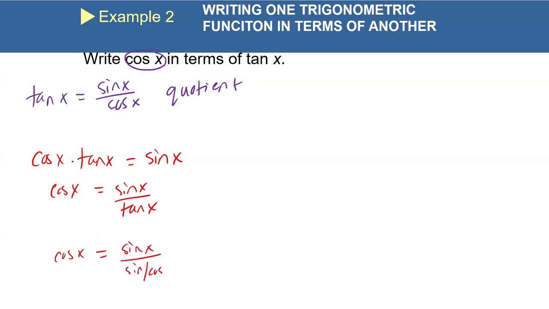How do you divide fractions? Substitution: tan X equals sine X over cosine X. Keep, change, flip. We keep the numerator, we change the division to multiplication, and we flip the denominator. Does that ring a bell?